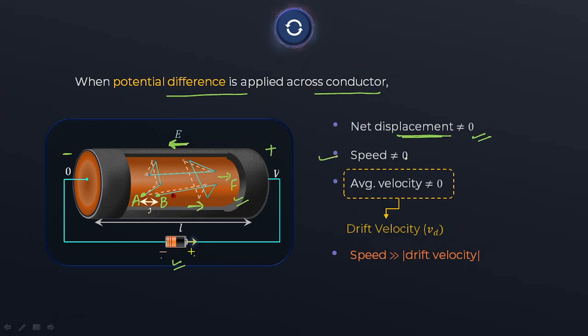Here the average speed is of course not equal to zero, and the average velocity, which we call drift velocity, is also not equal to zero because there is some displacement. Average speed is total distance by time. Since the distance is larger, the speed will be much greater than the drift velocity, because the shift AB, this x, is very small.